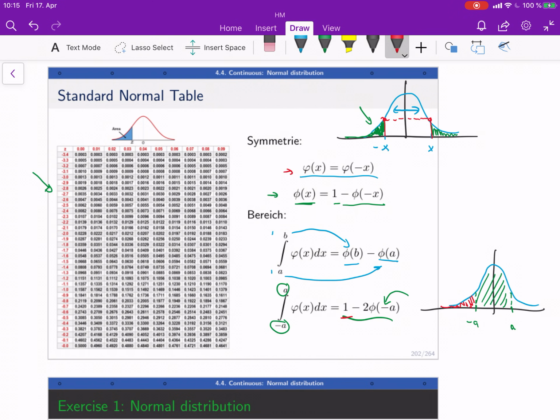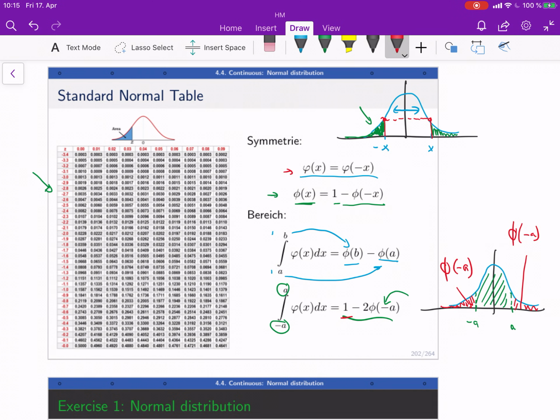So phi of minus a is this. And then I need to take off this one over here, and that one is the same, also phi of minus a, because of the mirror symmetry. So I take 2 times phi of minus a off, and then I get the result that I want.